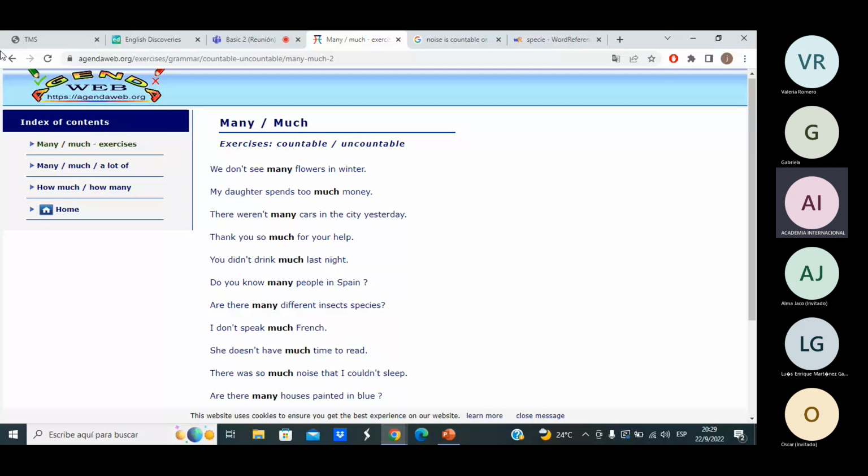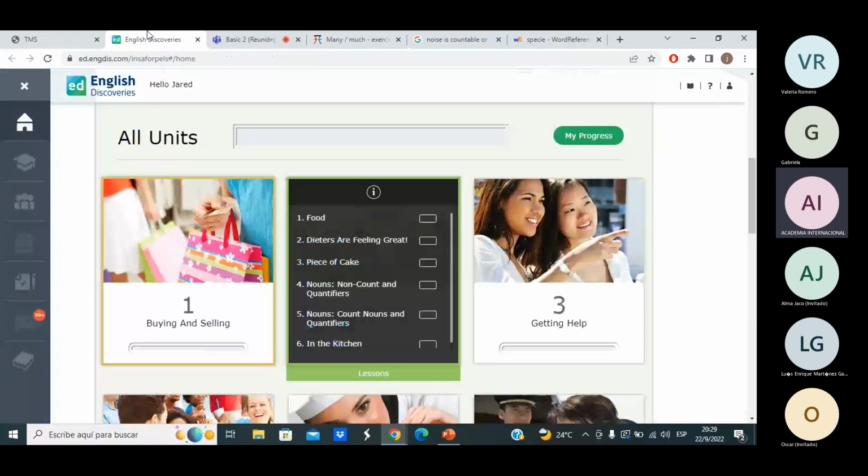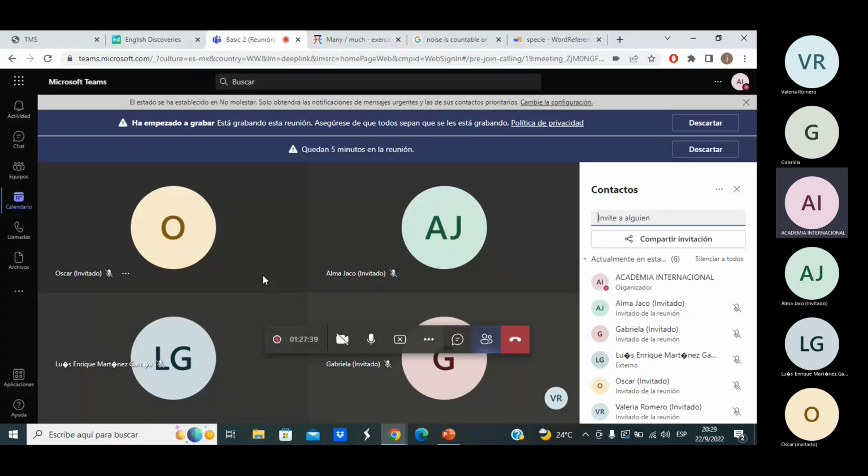I don't know if you have questions right now about this topic, about many and much. Those are quantifiers. Esas palabritas son llamadas cuantificadores. And we learned a little bit about countable and uncountable nouns.